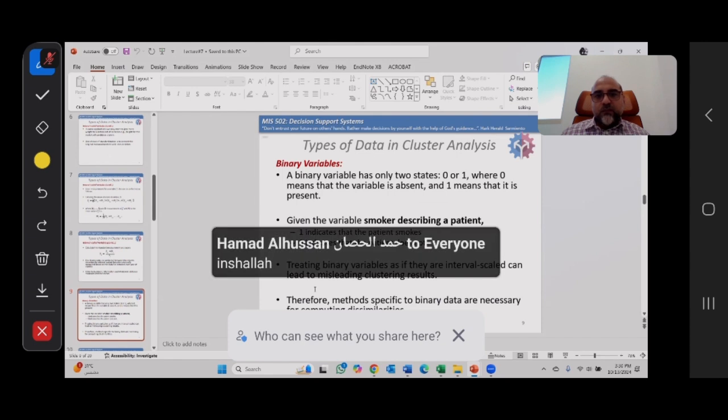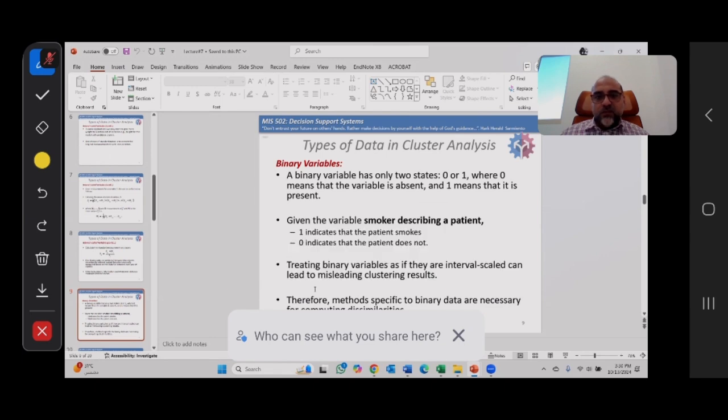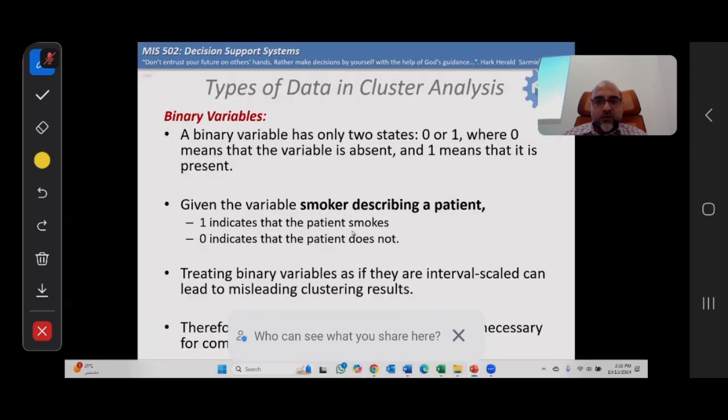So let's just go to binary variables. Binary variables are a different kind of variable. You know how binary variables look like. We are talking about variables that can take only two values. They can either take 0 or 1, or yes or no, or good or bad, right?